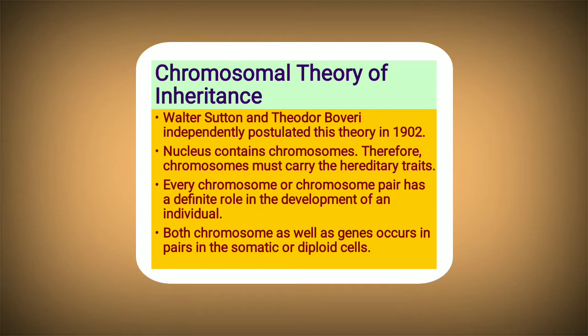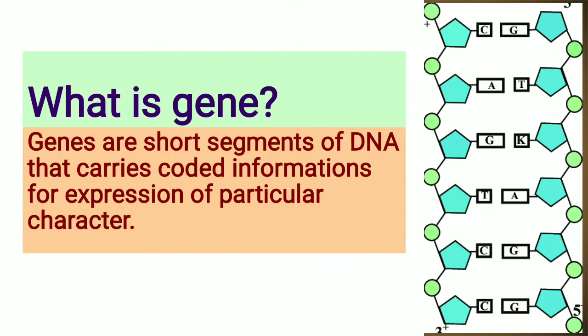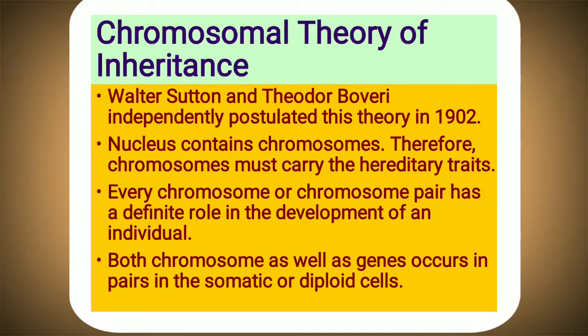Chromosomes are the physical basis of the inheritance pattern, where the genes, or the part of the DNA that expresses a particular character, go from one generation into the next. We discussed some salient features of the chromosomal theory of inheritance, postulated by Walter Sutton and Theodore Boveri in the year 1902.